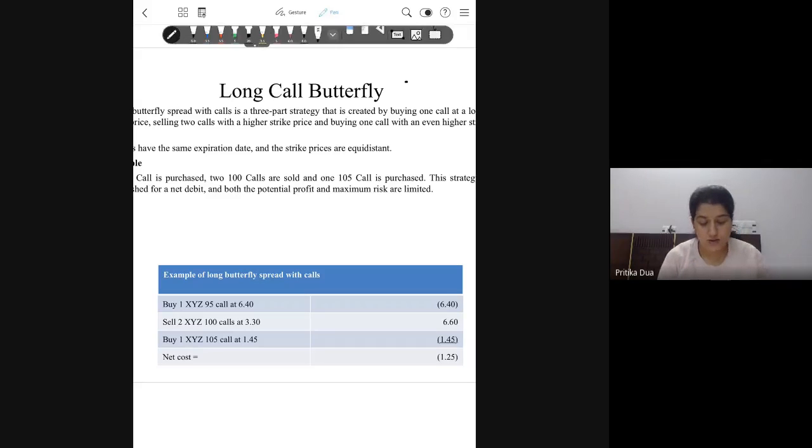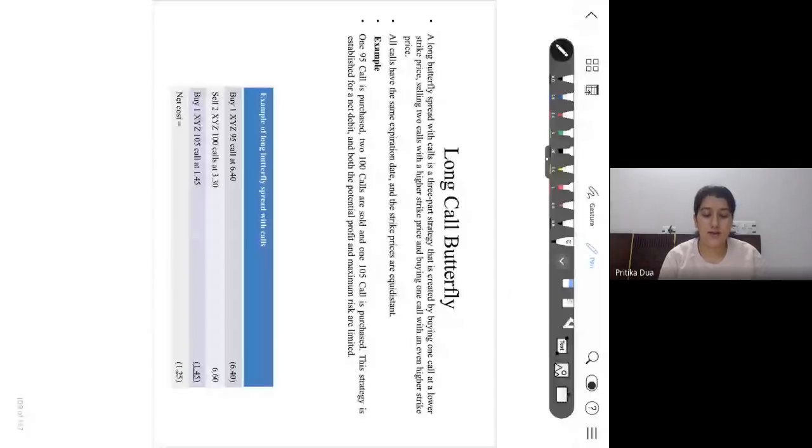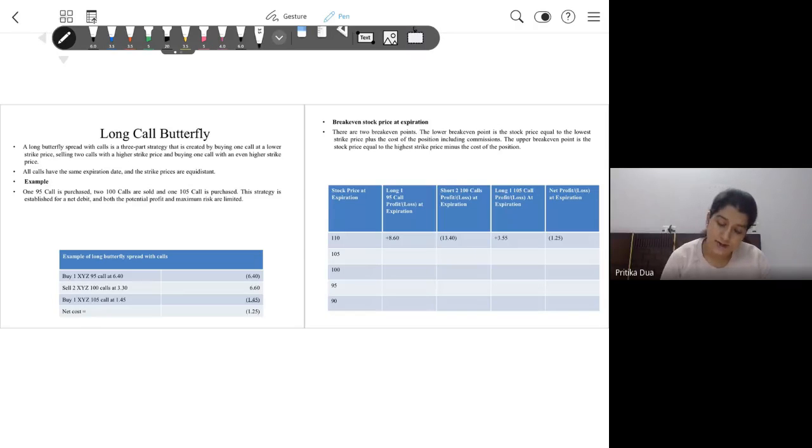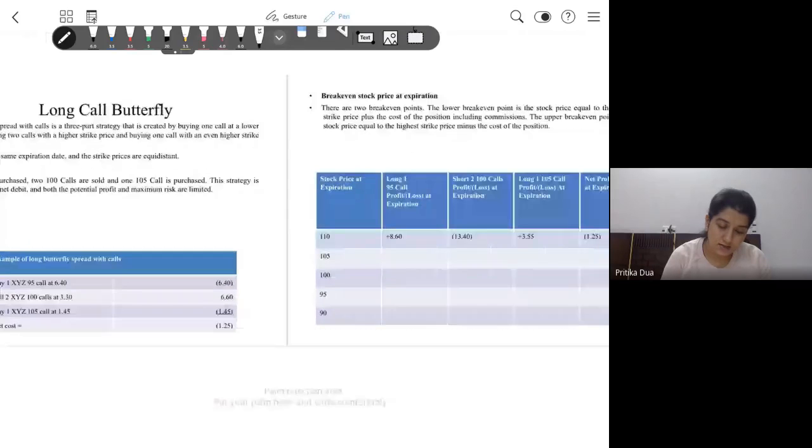Okay, so we now calculate what will be the net profit you receive or net loss when the different possible spot rates are given in the market. So just have a look here. In the first case, what I'll do is I'll write the premium here, so then this becomes more easy to calculate also.